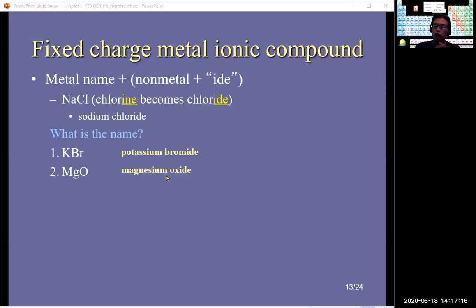Or any of the halides, chloride, iodide, or oxide, or nitride, or phosphide. So you can start building a library, if you will, of all the different compounds just by mixing the cation and the anion and putting them together in the right ratio.